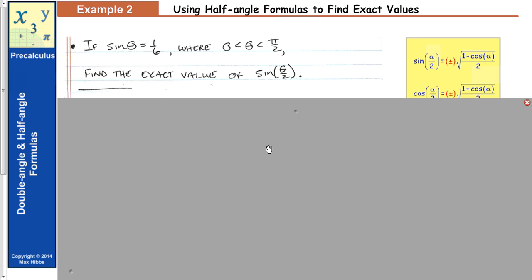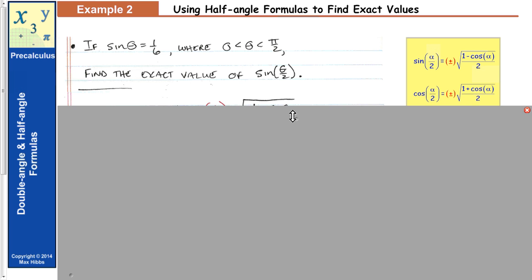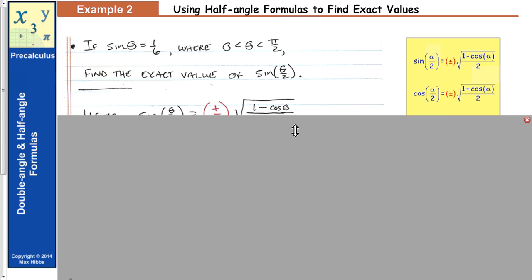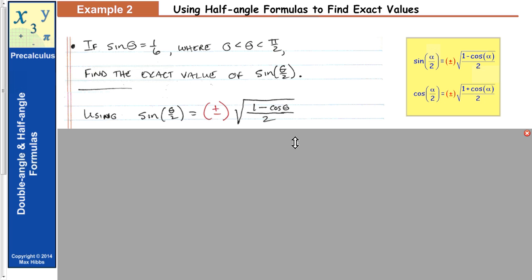Well, we can imagine immediately we're going to use the half angle formula for sine, which is sine of alpha over 2 is either plus or minus the square root of this expression. Okay, now here's a problem.